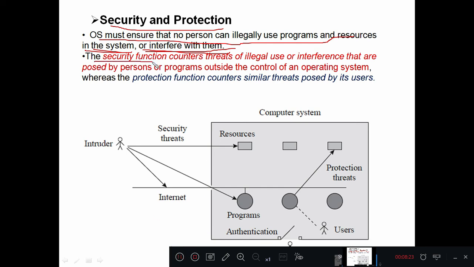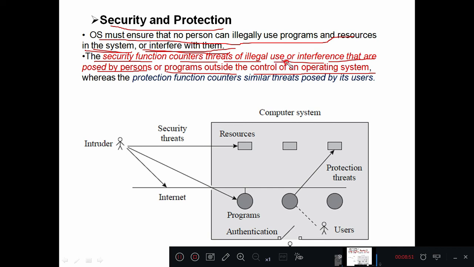Next, the security function counters threats of illegal use or interference that are posed by persons or programs outside the control of the operating system. What do you mean by this? The security function counters the threats of illegal use, right?